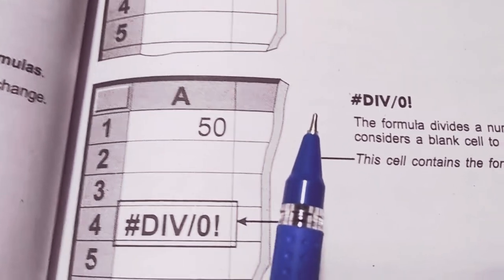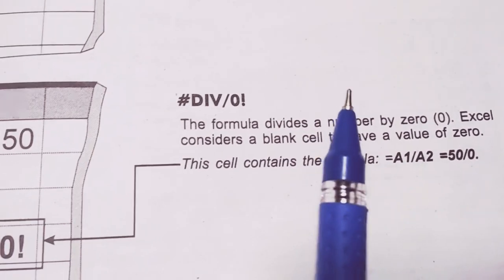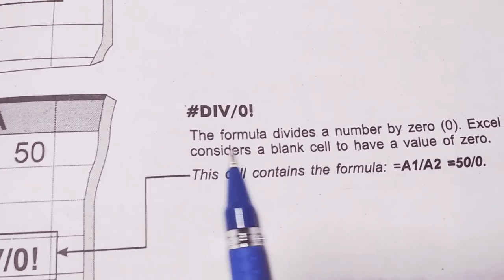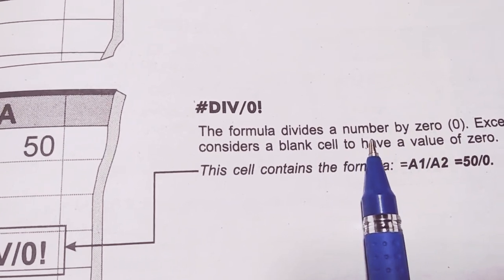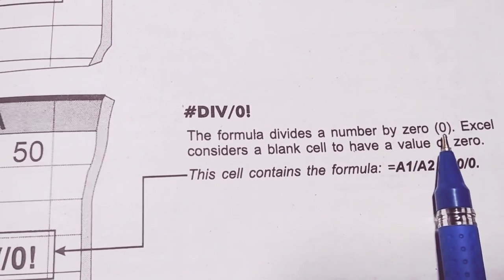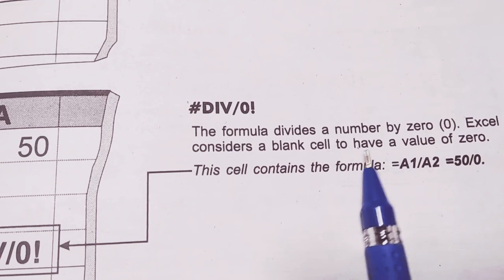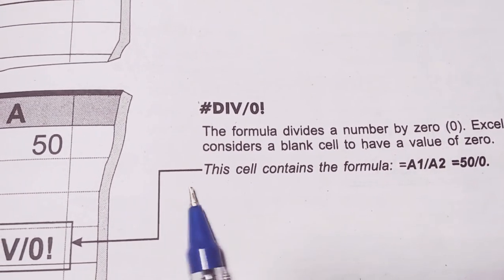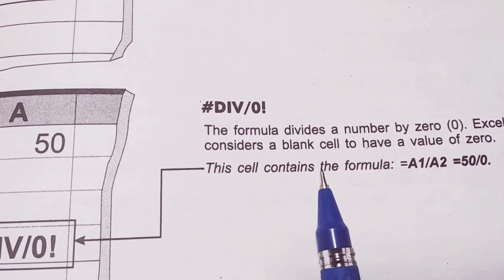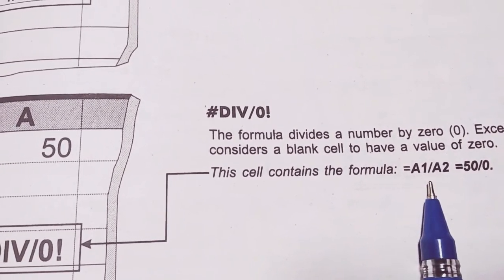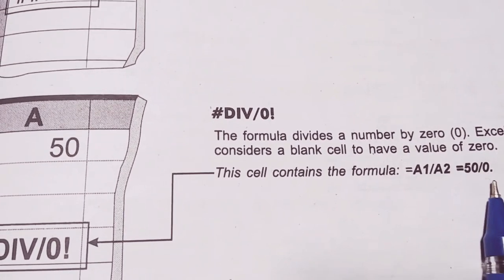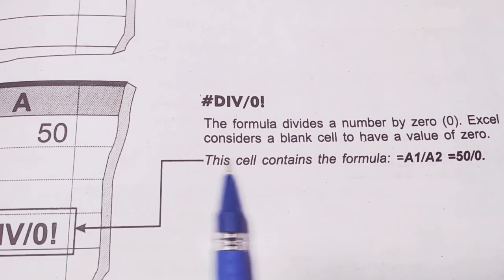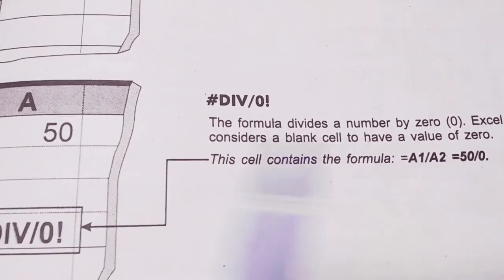So see here the formula definition of this type of error. The formula divides a number by 0. Excel considers the blank cell to have a value of 0. This cell contains the formula A1 by A2, meaning 50 by 0, which we have already discussed.